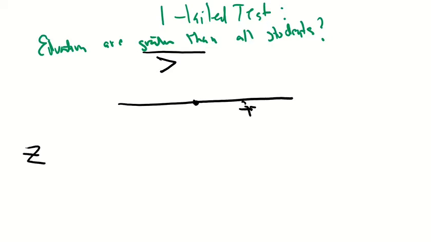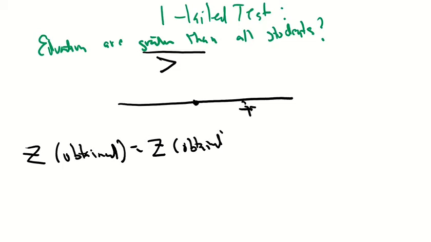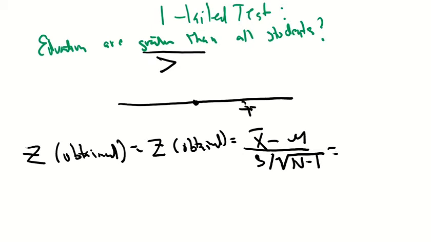We'll use a z-obtained formula that we've been using for a one-sample test, which is z obtained is equal to the sample mean minus the population mean divided by standard deviation, n minus 1, right? Everything remains the same, and we got 4.62, right? Nothing changes there, right?